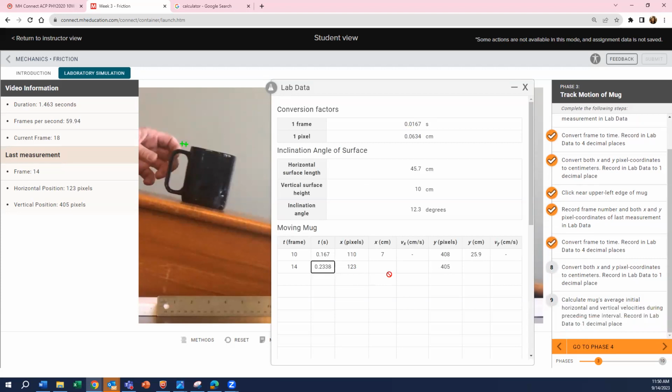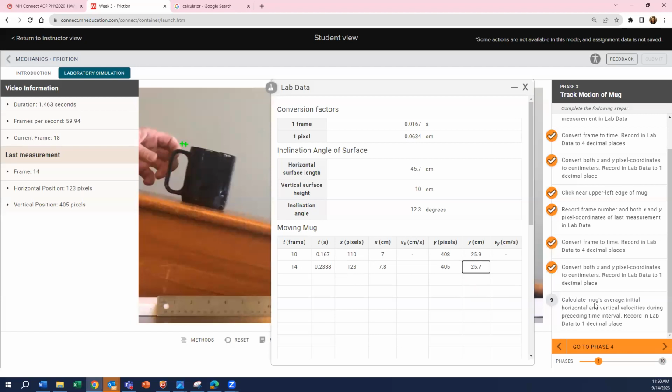Now again convert both X and Y pixels to centimeters. Same thing: 123 multiplied by 0.0634, and you will get 7.8 here. When you do 405 multiplied by 0.0634, you will get 25.7. So this is done.